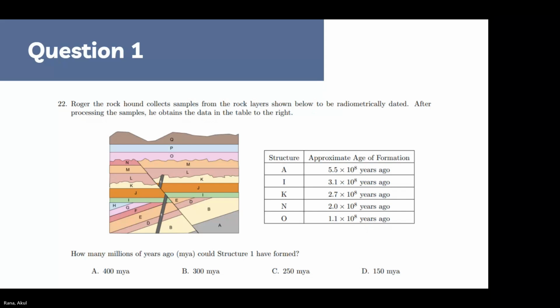And if we look on the table on the right here, we see that structure K has an age of 270 million years ago. So given that we know that structure 1 must be younger, we can deduce that it is 250 million years ago.